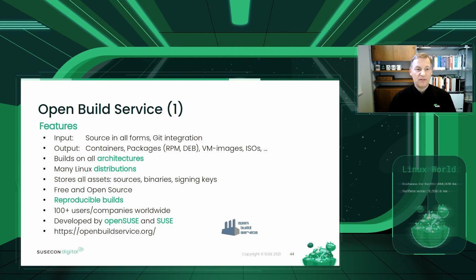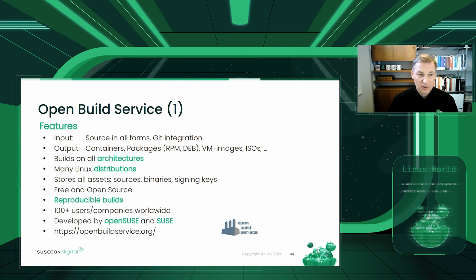Open Build Service is available on all architectures that SUSE looks into, from 32-bit ARM over Intel AMD, 64-bit IBM Power and Z, and also certainly ARM, but also some future architectures like RISC-V we are looking into, and also architectures that have been forgotten have been available in Open Build Service before.